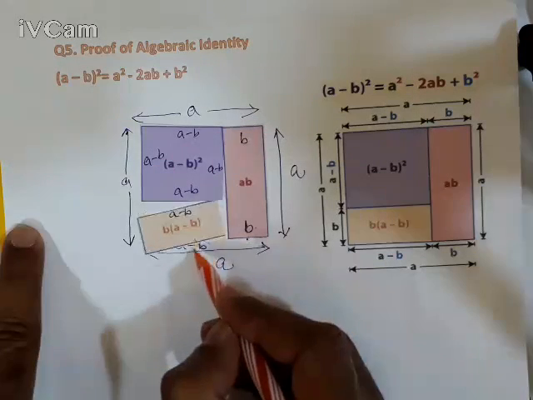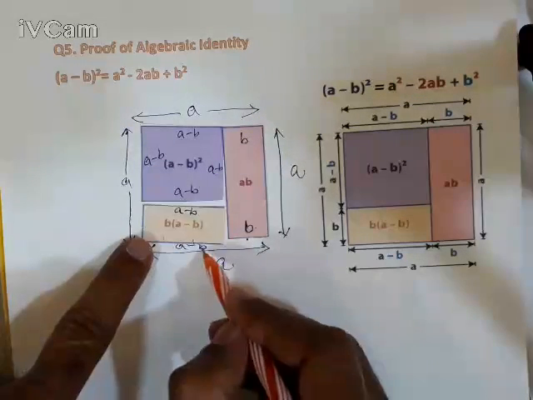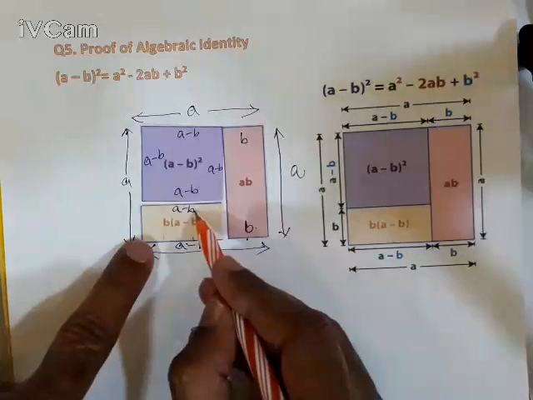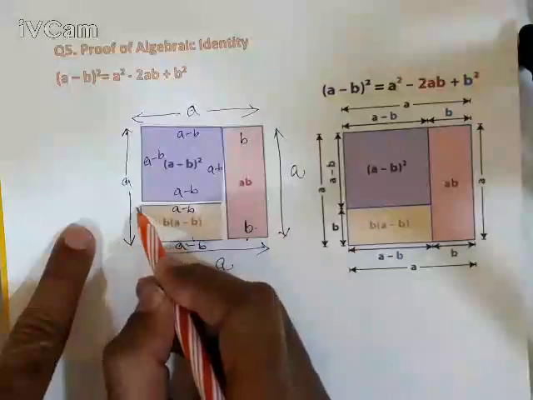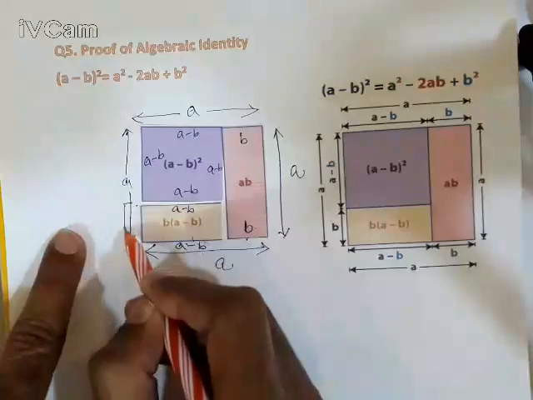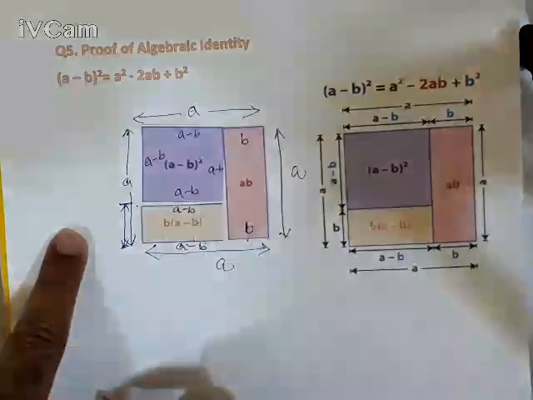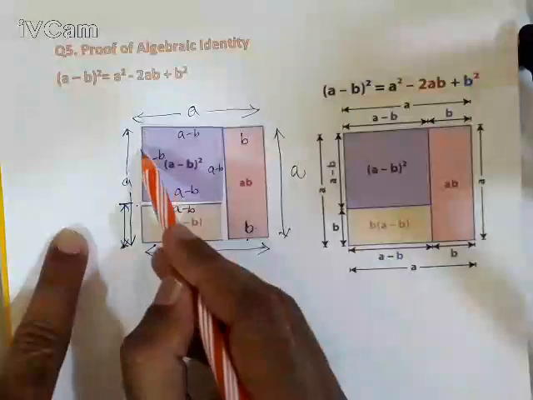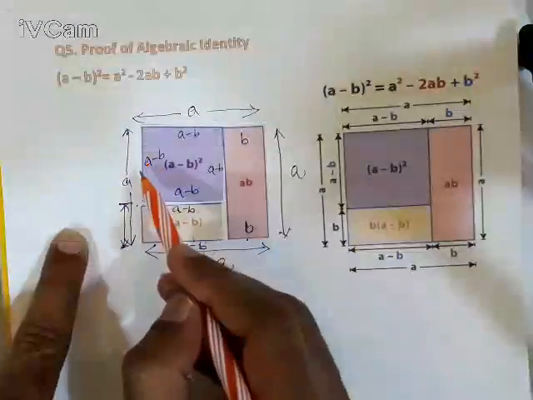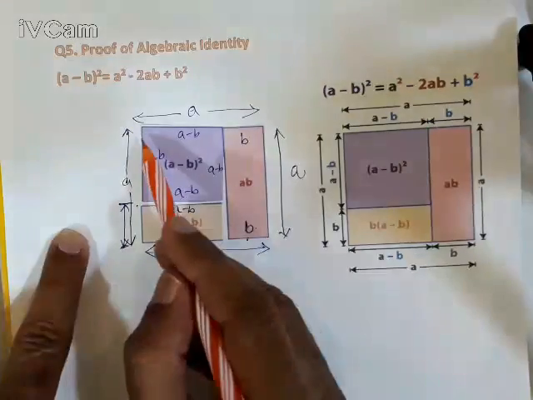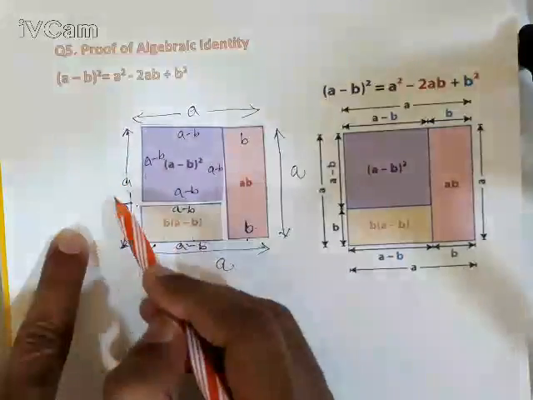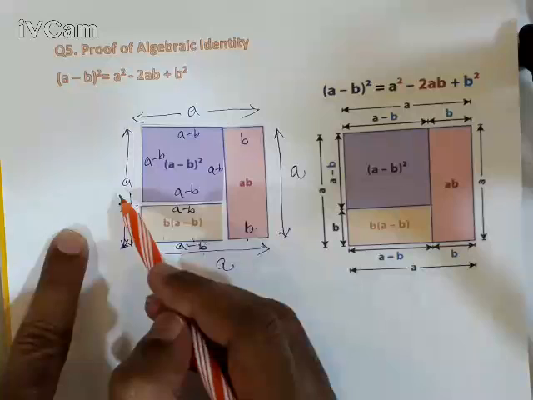Now we know that this side is a minus b, this side is a minus b. How will you calculate this smaller portion of the rectangle? As we know that the side of this square is a minus b and the whole square has length a.